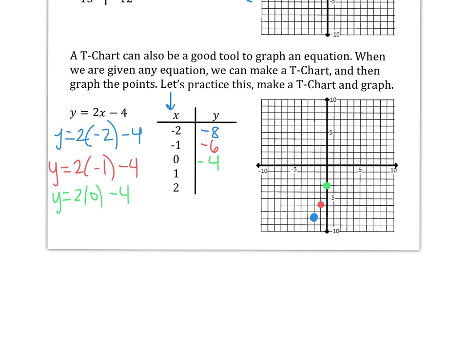And now let's plug in 1, so y equals 2 times 1 minus 4, 2 times 1 is 2, minus 4 is negative 2. So I'll go ahead and graph that ordered pair at 1, negative 2.